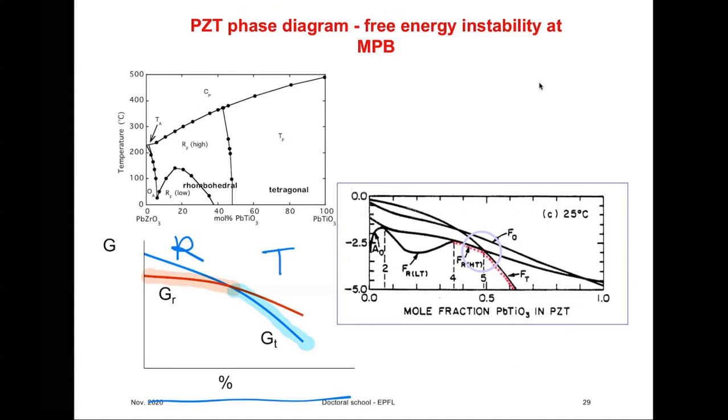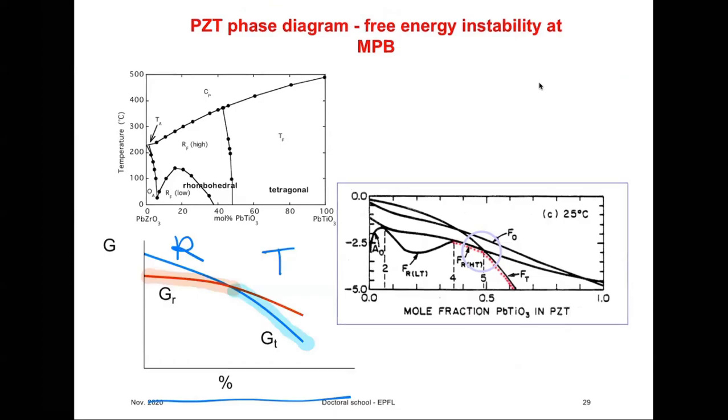So I will try to illustrate that, and we will start first, let's see if I can do this. Yes. So I will first show you what the monoclinic phase looks like.